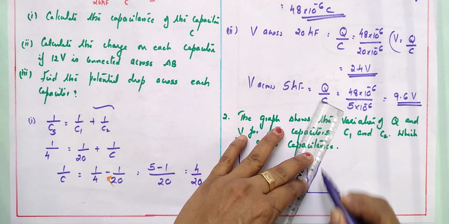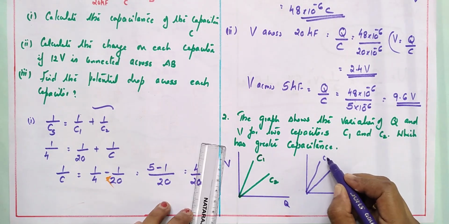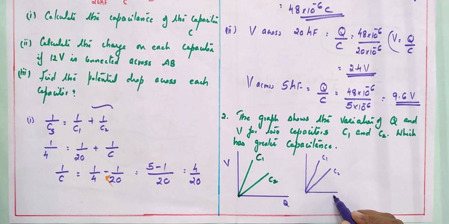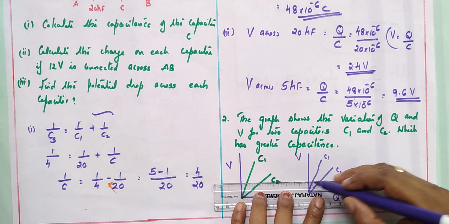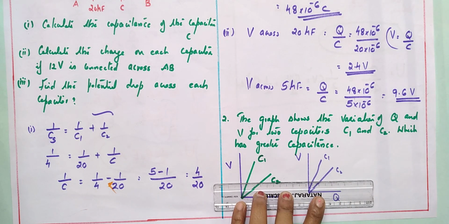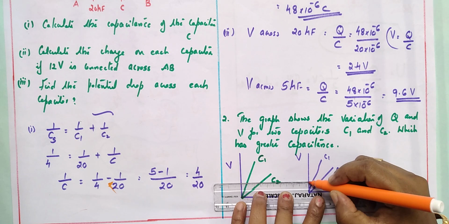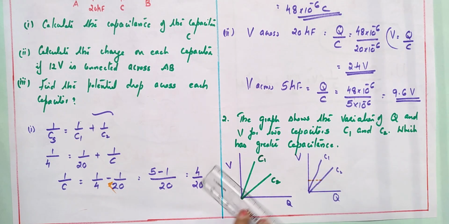These are the two capacitors, C1 and C2. Now keeping the voltage constant, we draw a perpendicular like this.